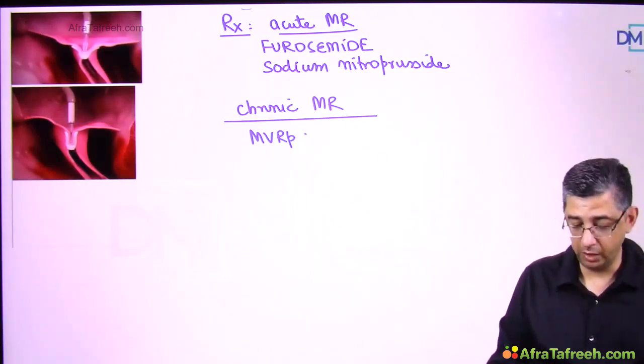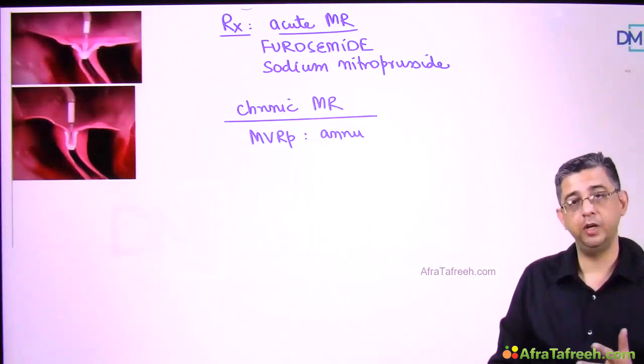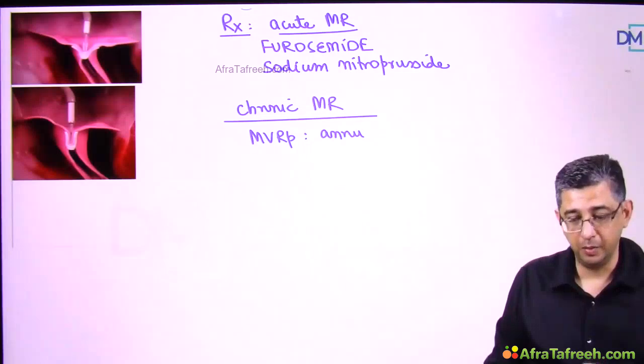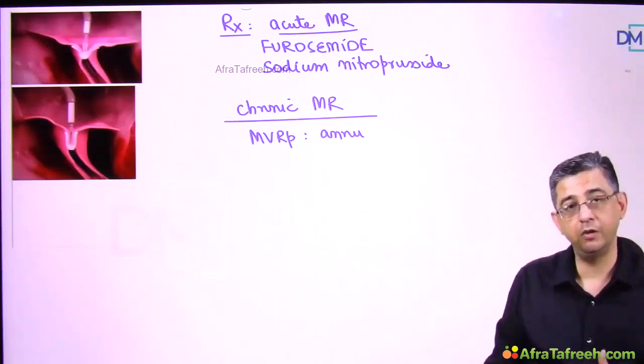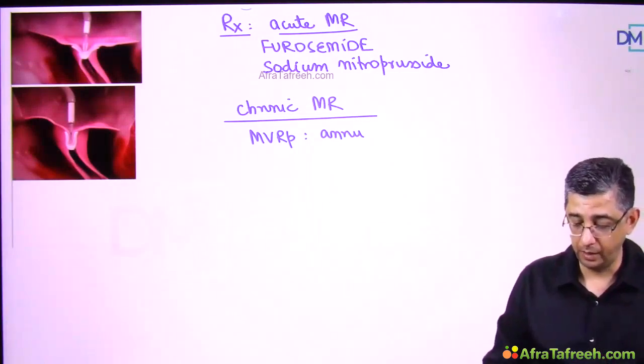Now, the advantage of mitral valve repair over mitral valve replacement is that the post-operative morbidity is reduced, because most of the time in mitral valve replacement we use a metallic device. Therefore, lifelong anticoagulation might be required in the patient, and aspects of warfarin toxicity can be there.